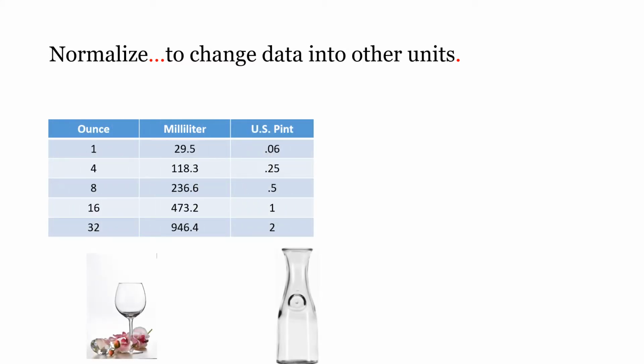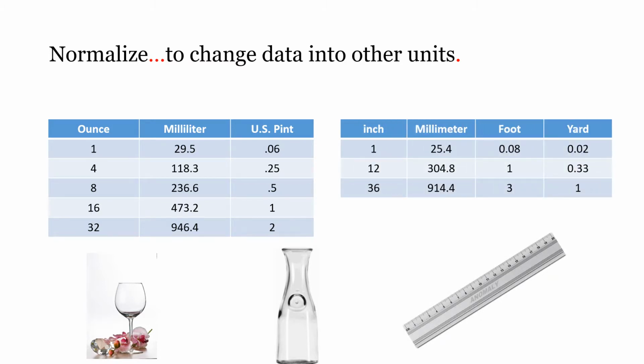For example, converting ounces into milliliters or US pints, or converting a size measurement from inches to millimeters, feet, or yards. So as you can see, normalize can have a host of meanings, including calming tensions between nations at war.